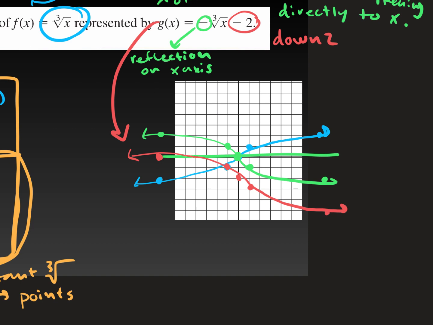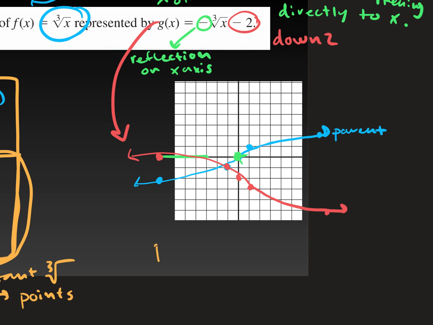If you want, erase all the other ones. Again, you don't have to draw it, but if it helps you see which way you're moving, especially when you have more than one transformation happening at a time, I think it's helpful to draw. So this blue one was our parent function, and the red one is our graph with both transformations applied, the reflection and moving down 2.